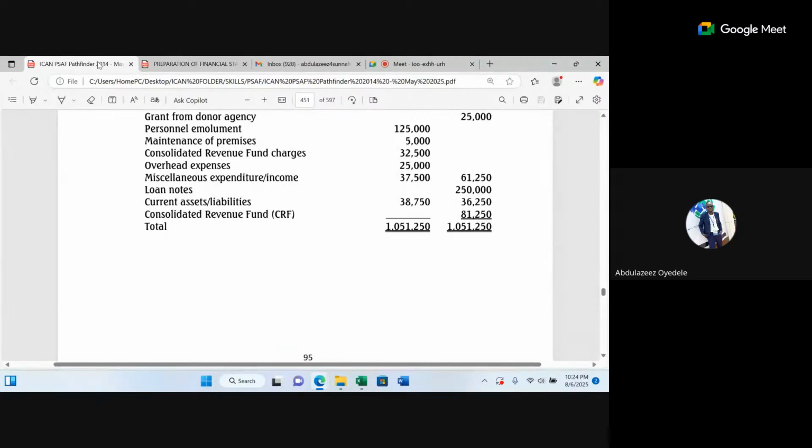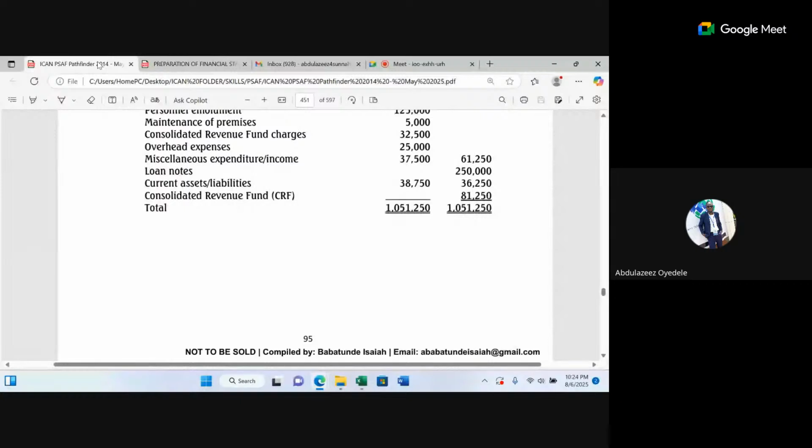So it's their fund balance. That is the fund they use to settle all their expenditures. We talked about consolidated revenue fund last week as well, where we said it is the fund where all the revenue that they receive goes into. So that is the balance in that account, not a revenue item itself. All these revenue items we have mentioned are already inside that balance that you see there.